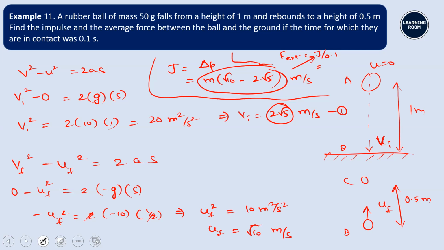For this scenario, I have taken downward to be negative. But I was very particular with one thing: if I took downward as negative, I took the upward as positive. That is why this minus and this minus got cancelled, or else what would have happened? Had you taken this as plus, you would have got minus uf square is equal to minus 10. Sorry, minus uf square is equal to 10. So square of a value can't be negative. That means, be careful.